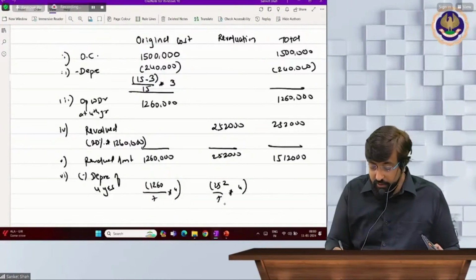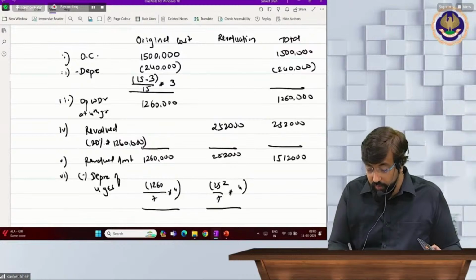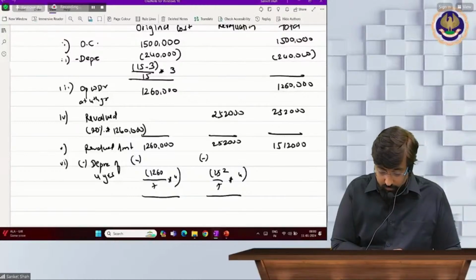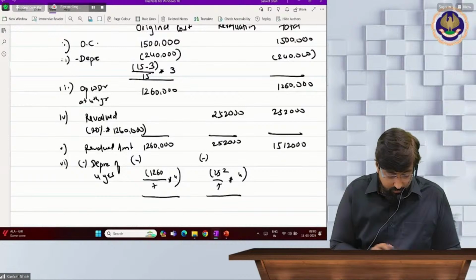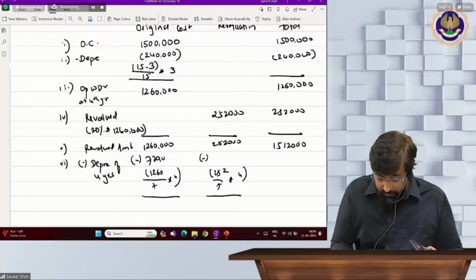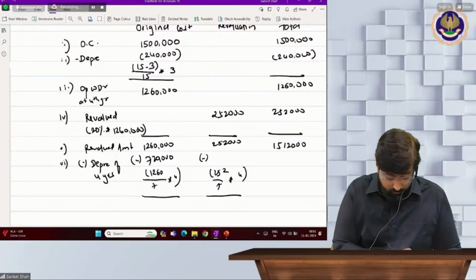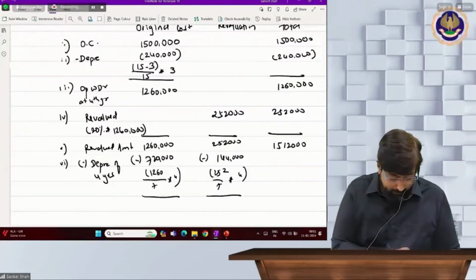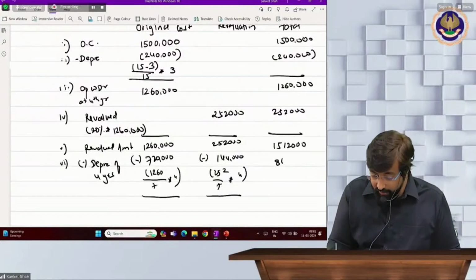Now this depreciation you will deduct from the revalued amount and here directly the asset amount. 1260 into 4 divided by 7. I'm getting the answer 7 lakh 20,000 divided by 7 into 4. This is 1,44,000. And your total will be 8,64,000. So it will be deducted.